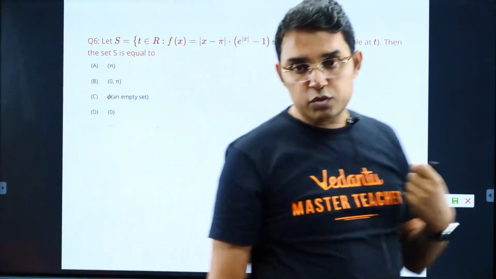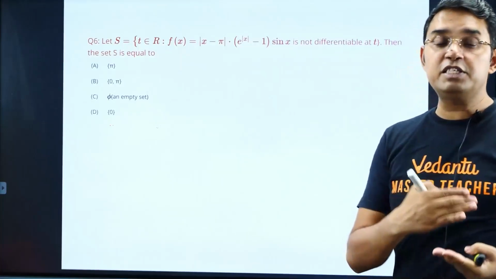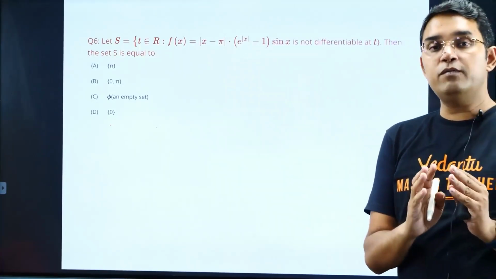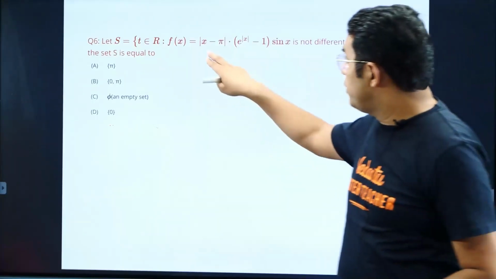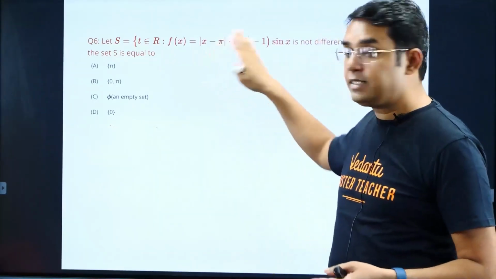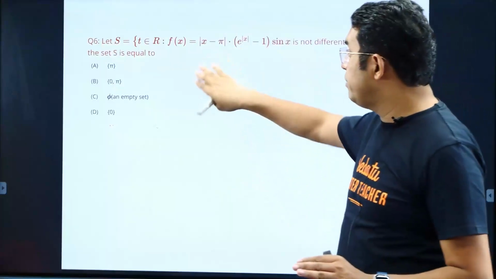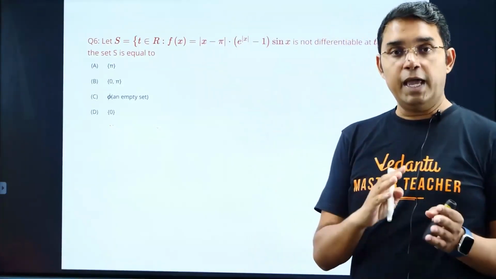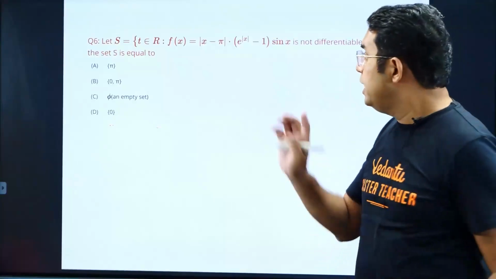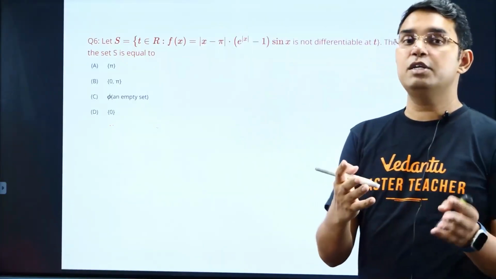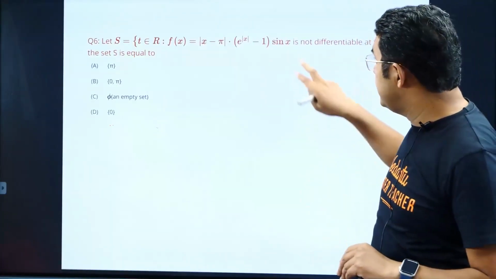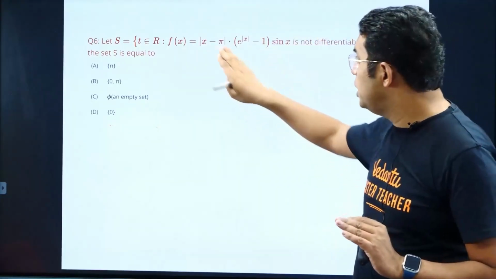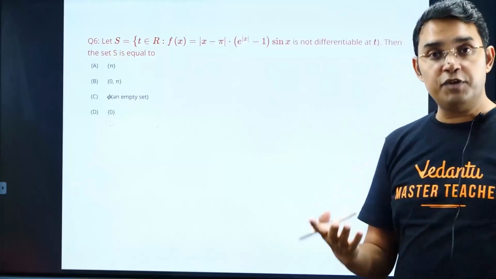Okay, now to do this question, first of all we should understand that non-differentiability comes because of the mod sign. Wherever the mod is opened with different signs, for x greater than pi it will be plus (x minus pi), for less than pi it will be minus of (x minus pi). So wherever the expression inside the mod changes sign, there is a chance that the function is not differentiable. Otherwise every function used here, like sine, exponential or linear, is differentiable.